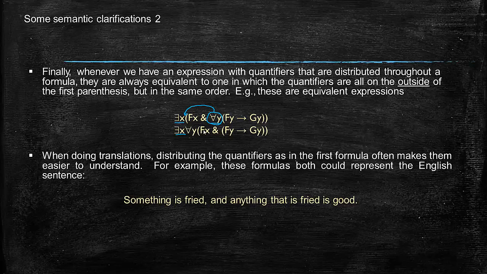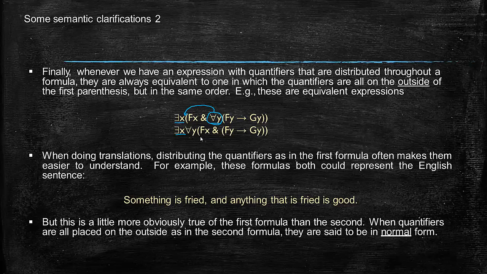So that's why in class, I actually encourage you, when you're translating English sentences, to allow yourself to distribute the quantifiers closer to the predicates and the names they're actually applying to. So when we do collect them all on the outside, that actually has a name, and we call that putting the formulas into normal form. Okay, that's it.